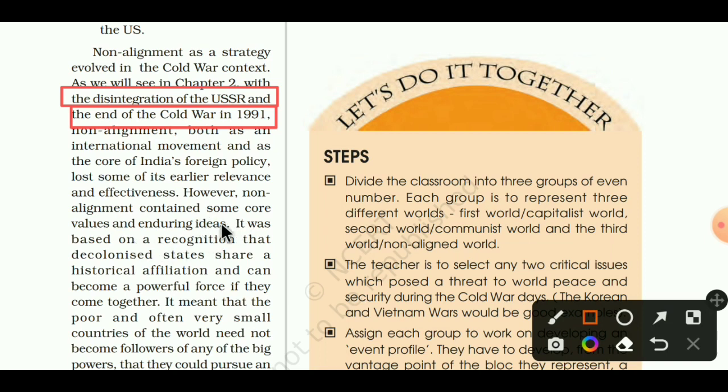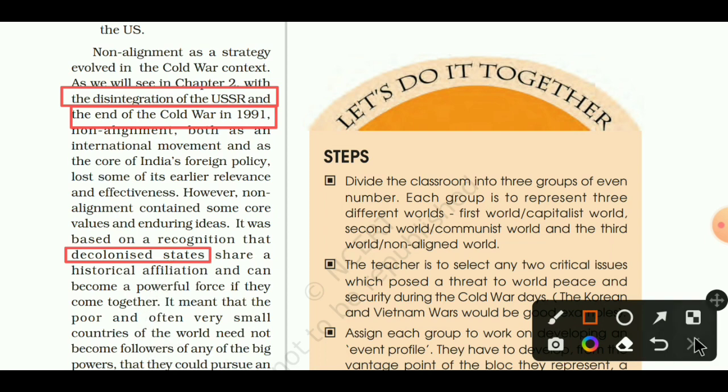Non-alignment contained some core values and enduring ideas. Decolonized states share historical affiliation and can become a powerful force if they come together. Means if decolonized states come together in the non-aligned countries, then they become a powerful force together.